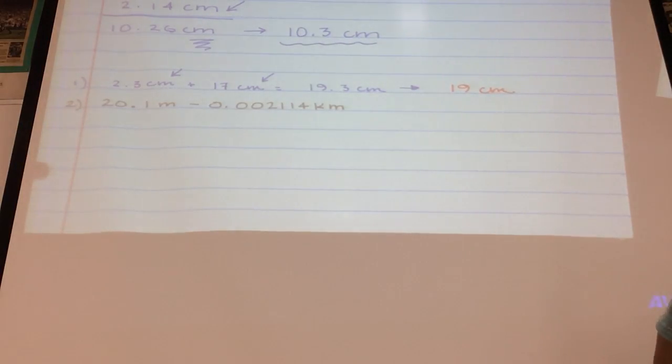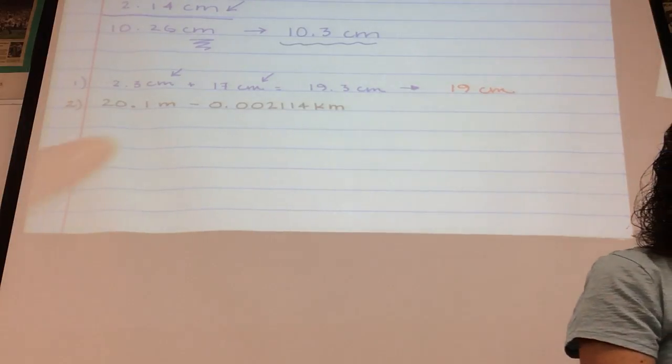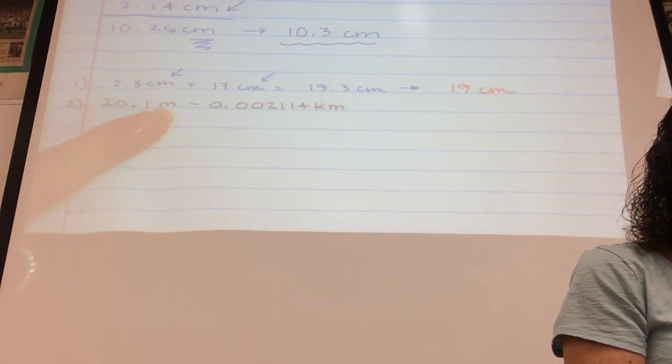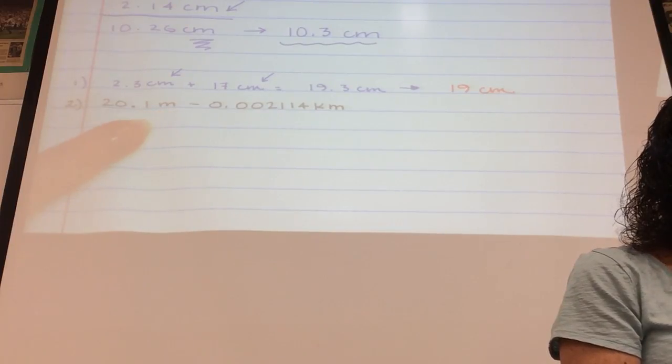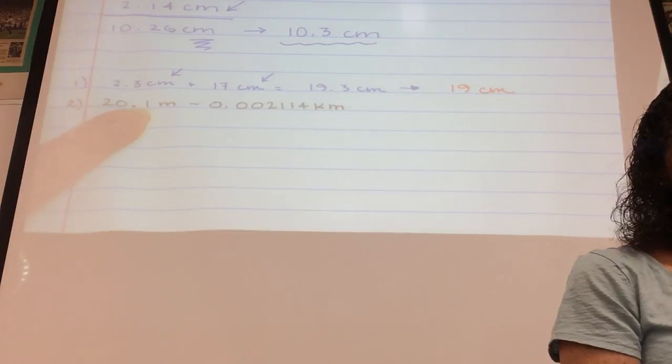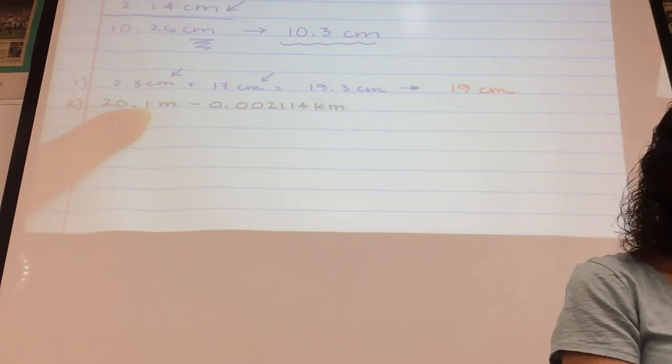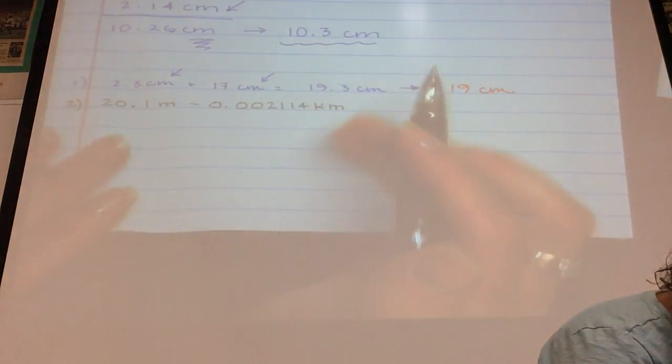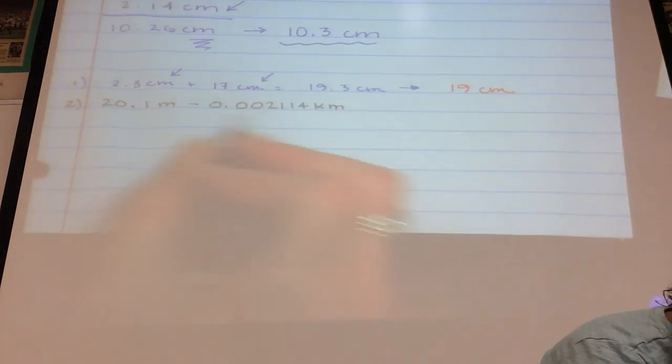If we want our answer in meters, we look at the quantity in meters. And how many decimal places does it have? 1. So in how many decimal places should our answer be expressed? 1. I have to convert this to meters.